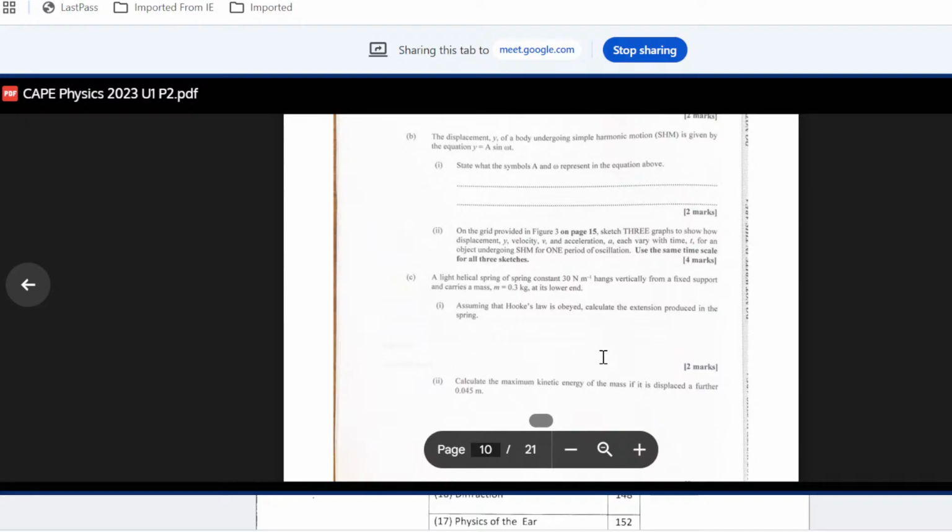All right. A light helical spring of spring constant 30 newtons per meter hangs vertically from a fixed support and carries a mass. Assuming that Hooke's law is obeyed, calculate the extension produced in the spring.